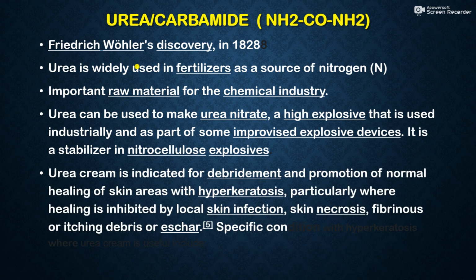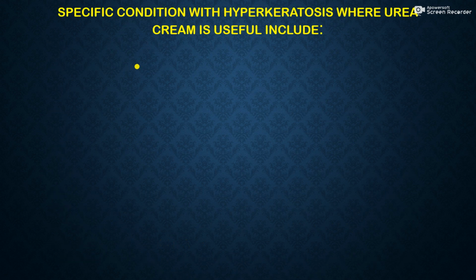Urea cream is indicated for debridement and promotion of normal healing of skin areas with hyperkeratosis, particularly where healing is inhibited by local skin infection, skin necrosis, fibrinous or itchy debris, or other specific conditions with hyperkeratosis where urea cream is useful.